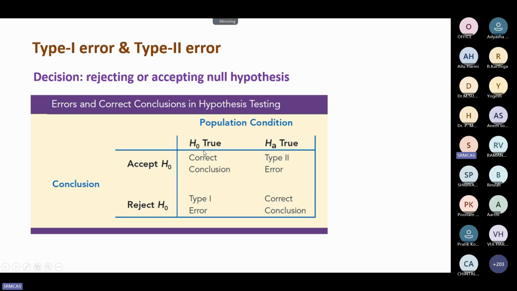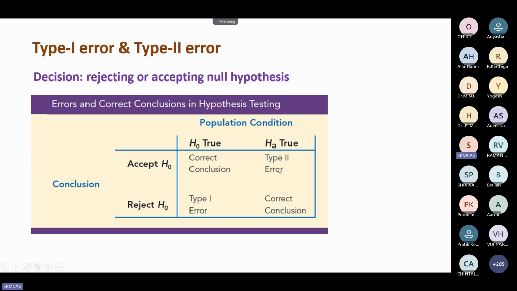But whenever the null hypothesis is true, we may also reject it. This is an error, called type 1 error. Similarly, whenever the alternative hypothesis is true, we may reject the alternative hypothesis. This kind of error is called type 2 error.